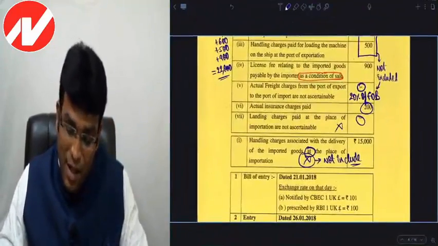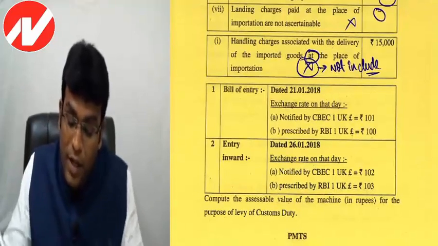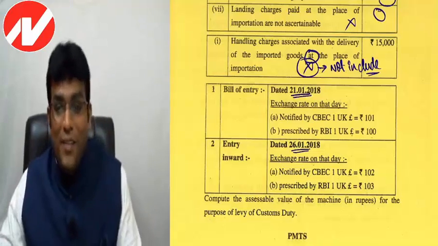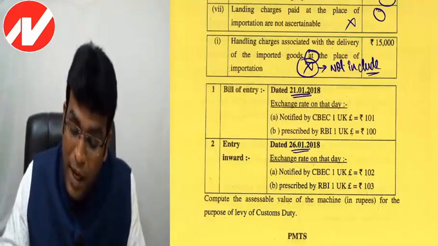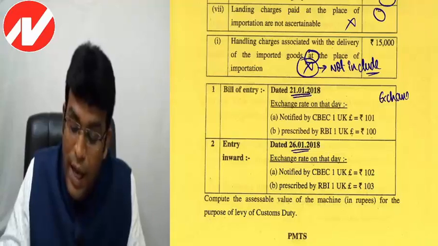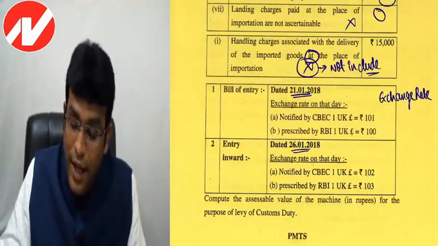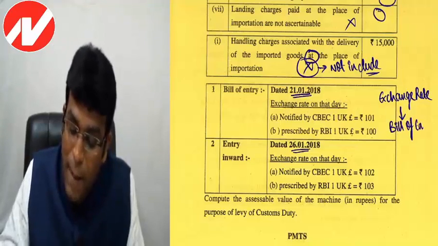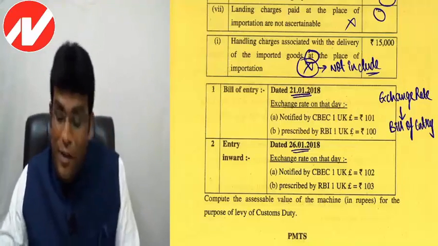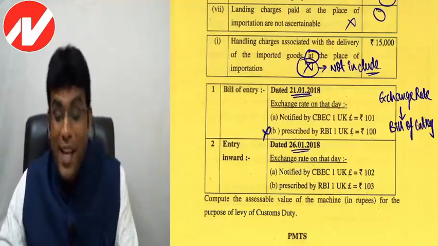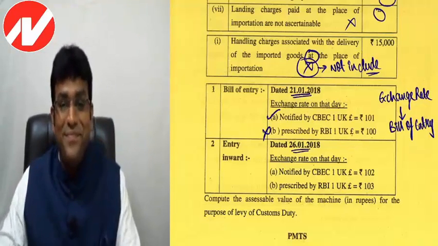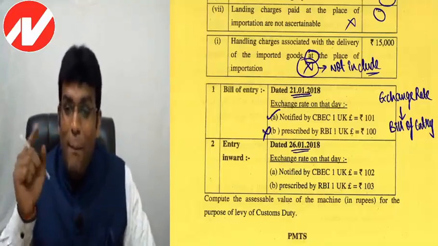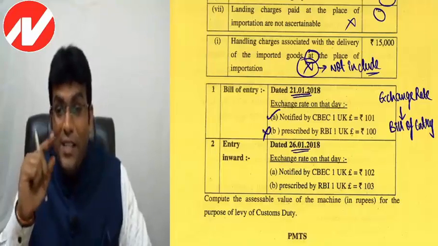Going back. Bill of entry is filed on 21st of January. Entry inward is on 26th of January. Friends, one point keep in mind, we are talking about exchange rate. Exchange rate we will always see on the date of filing bill of entry, and moreover we will not see RBI rate, we will see CBIC rate. If it were rate of duty, we would see the bill of entry or entry inward date, whichever is later.